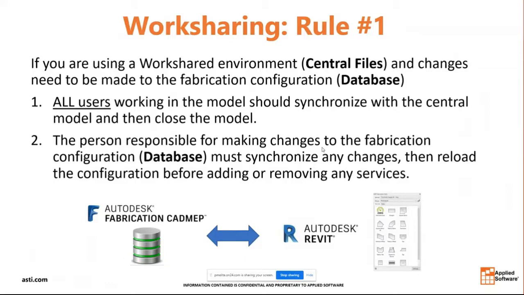Once that's done, one person, not everybody, not Joe and Bob and Rick and Tim each doing their own, synchronizes to make sure the changes have been updated, and reloads the config to make sure the database has been reloaded and the updates are in the project. Then you can add and remove services, save it, and then everybody can create new local files or synchronize, open their locals, and it'll have the latest and greatest stuff.